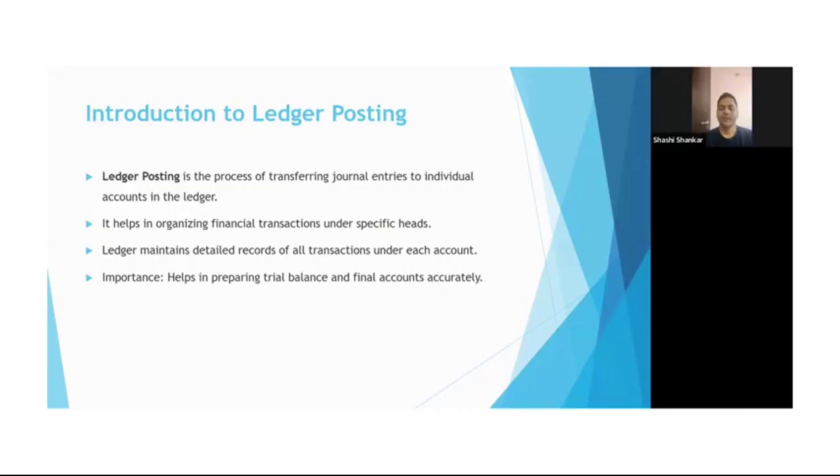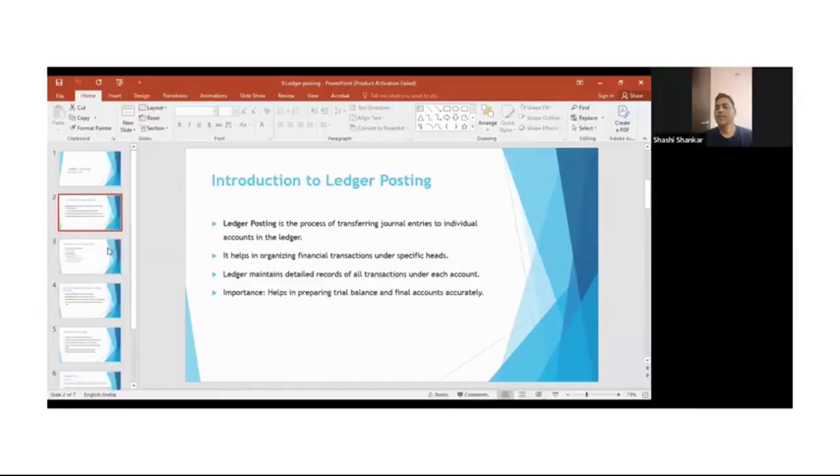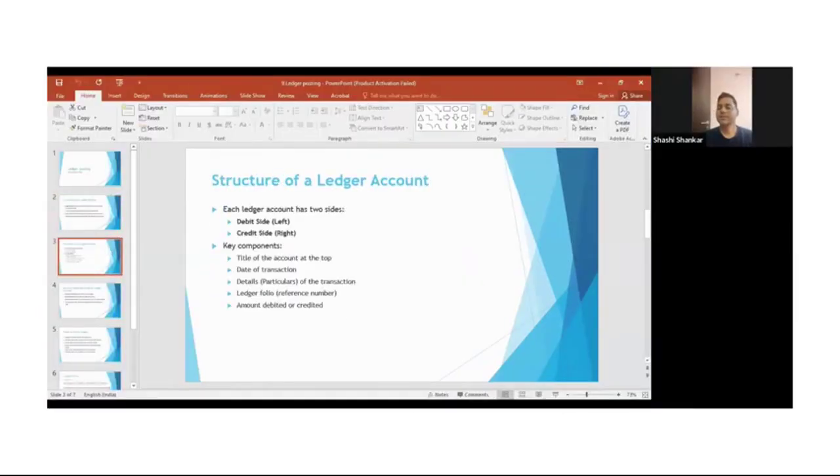All the transactions from the journal are posted into the ledger, and on that basis the trial balance is prepared for reconciliation, and after that the final accounts are prepared accurately, else it would be difficult to prepare final accounts.